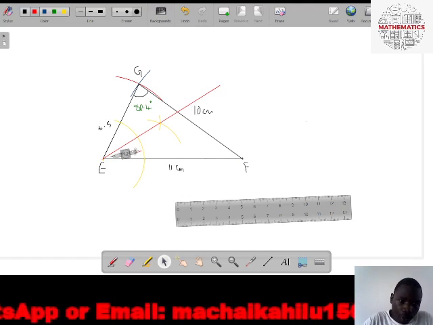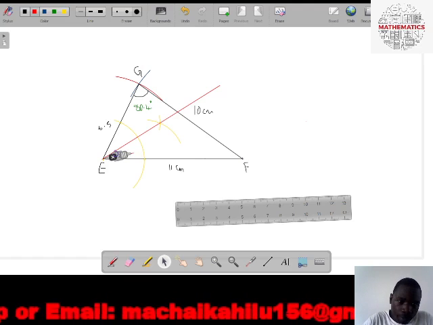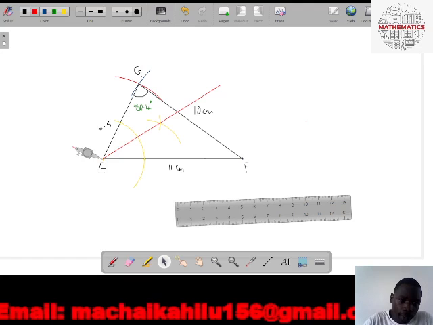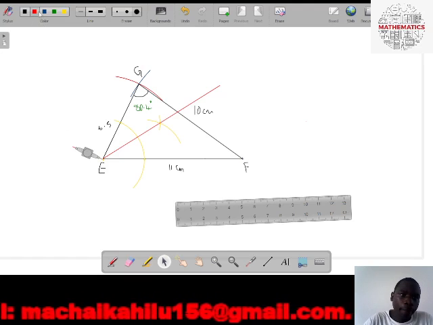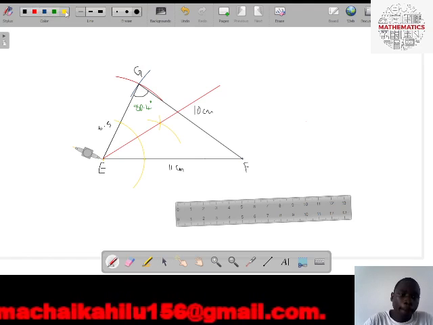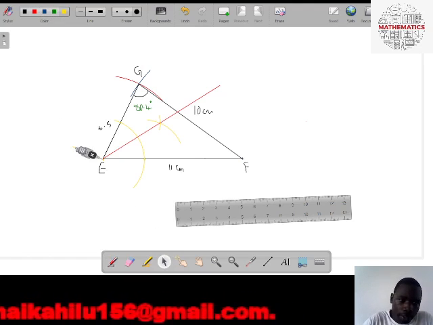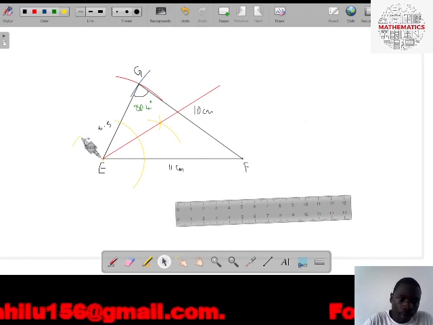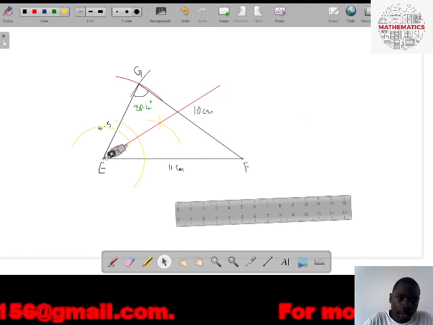I'll stand there, and then I need to make an arc. Okay, I need to make an arc like this, like that, and then the same radius, since they are saying EF.